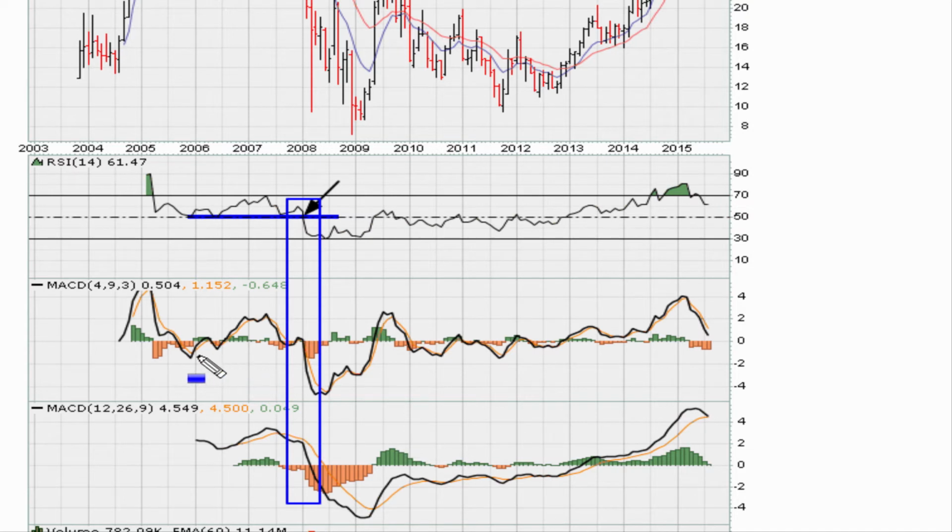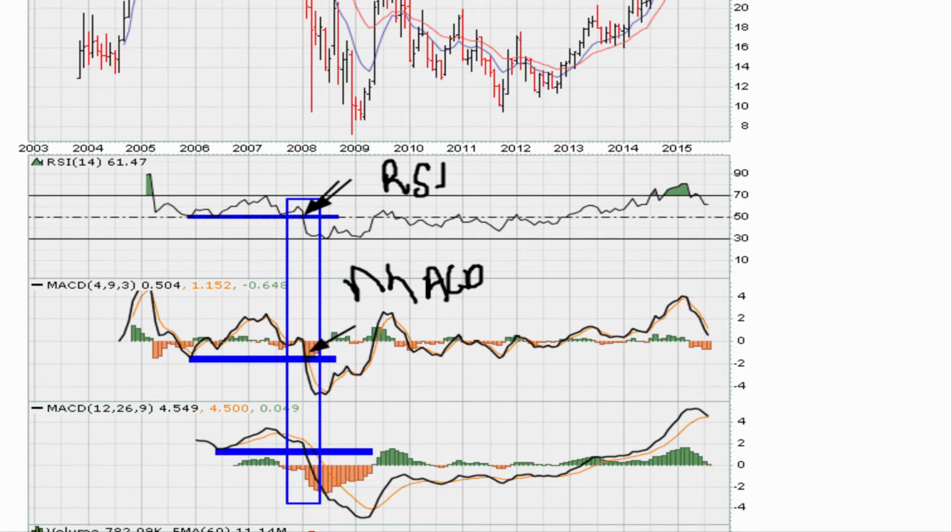We also see that we move to all-time lows on the RSI, excuse me. That's the RSI moving to all-time lows, and then we have the MACD here also moving to all-time lows, and then the default MACD also moving to all-time lows.